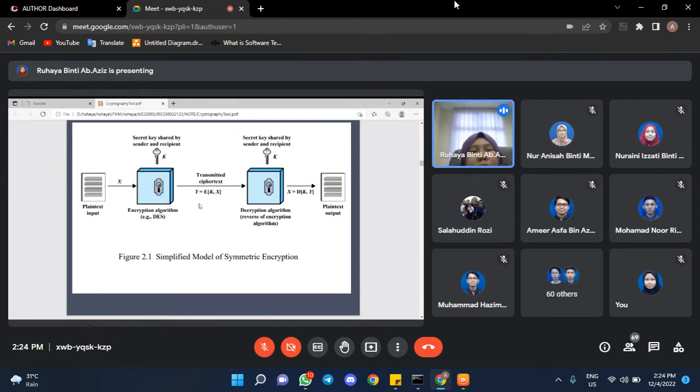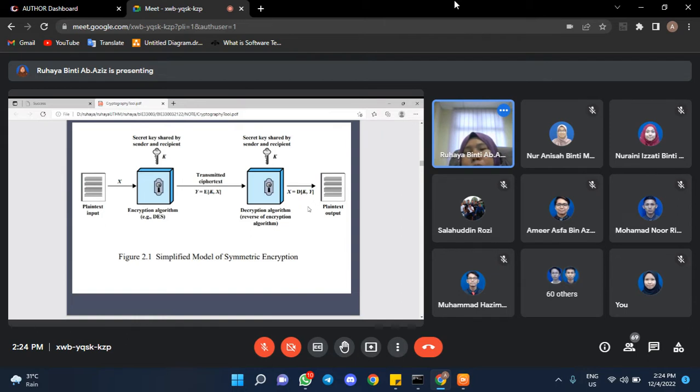And then the ciphertext is sent, with the secret key, and transmitted to the receiver, who uses the secret key to decrypt it.